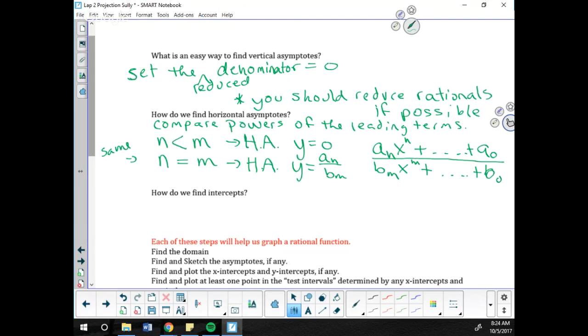And what's the last thing that could possibly happen? Yeah, the n could be greater than, so the top is bigger. That implies that you have no horizontal asymptote. So when that happens, you will have no horizontal asymptote.